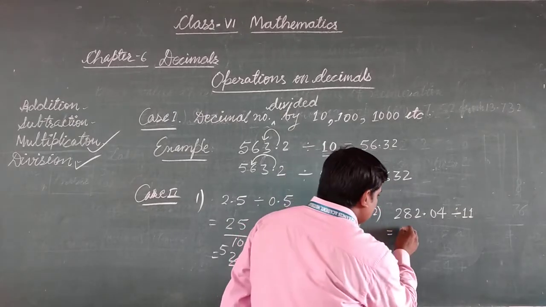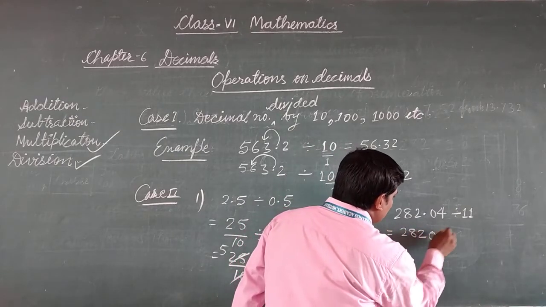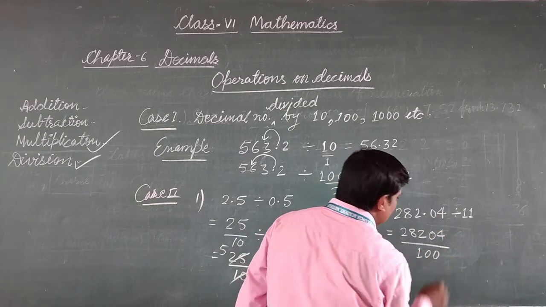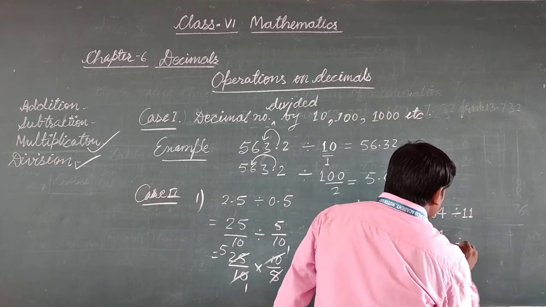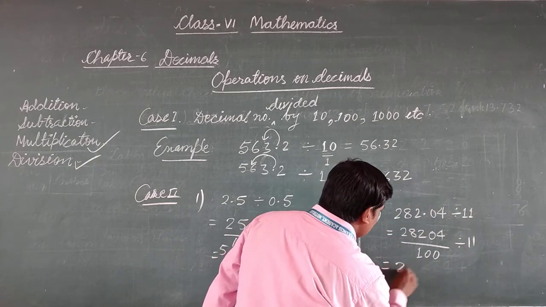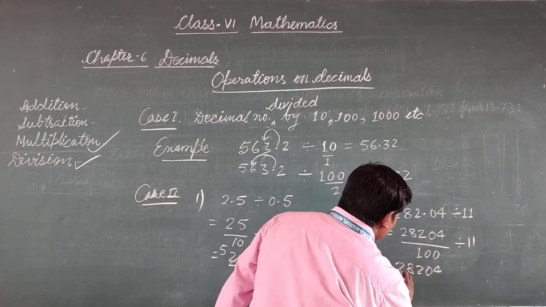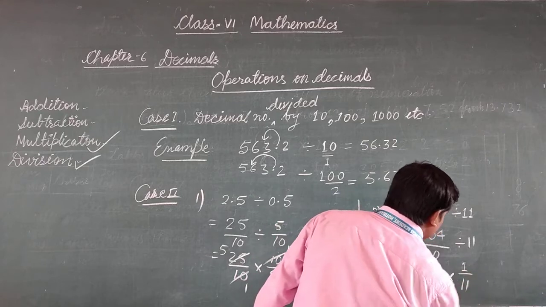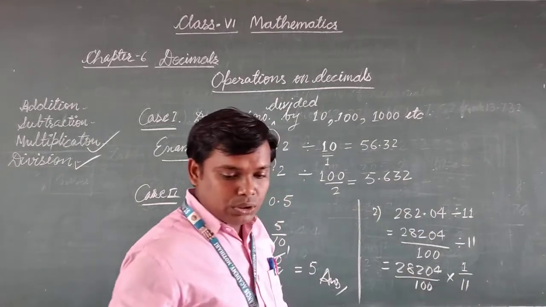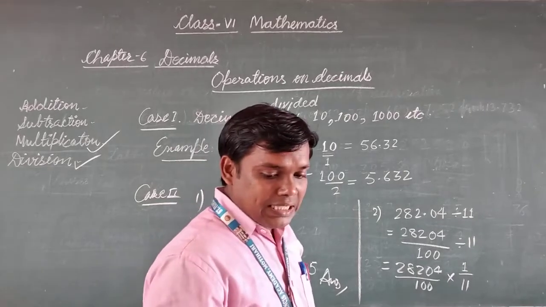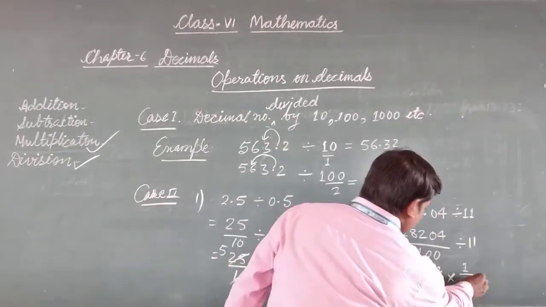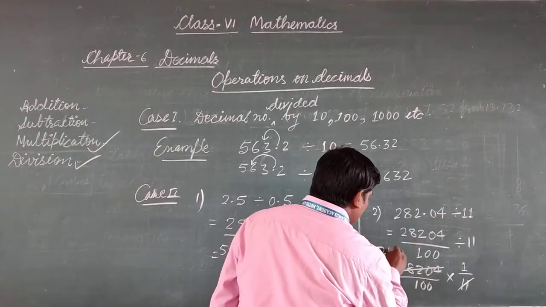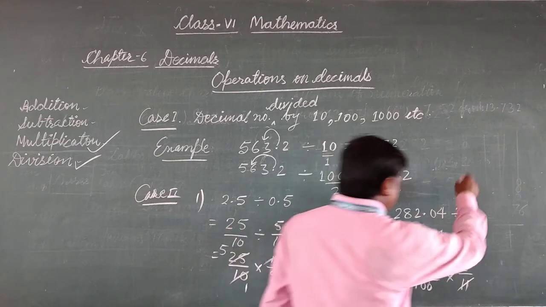You have to write 282.04 as 28204 by 100, since there are 2 places after the decimal, and then divide by 11. Using the multiplicative inverse, it becomes 1 by 11. Then you divide this number by 11 and you will get 2564.